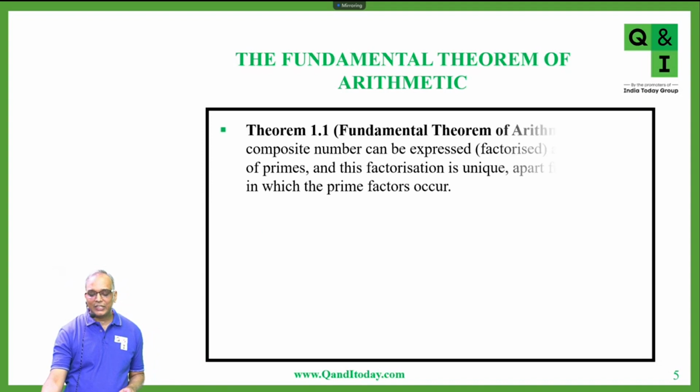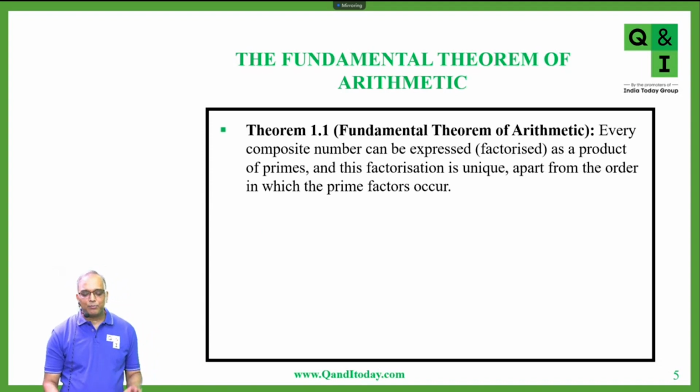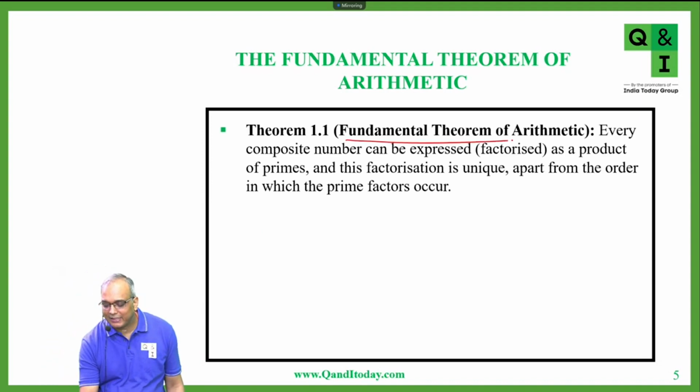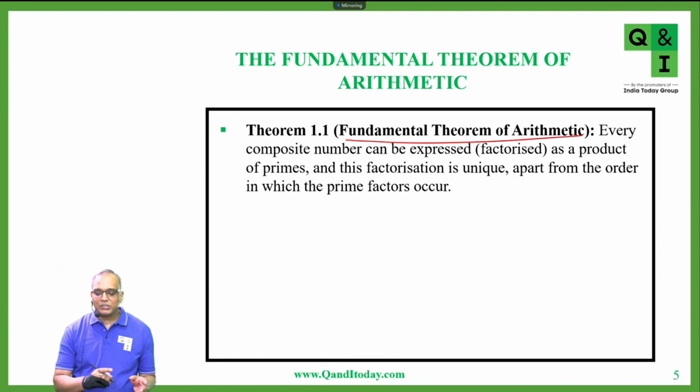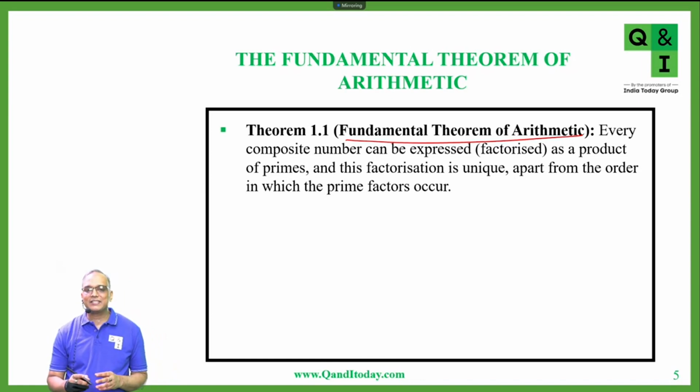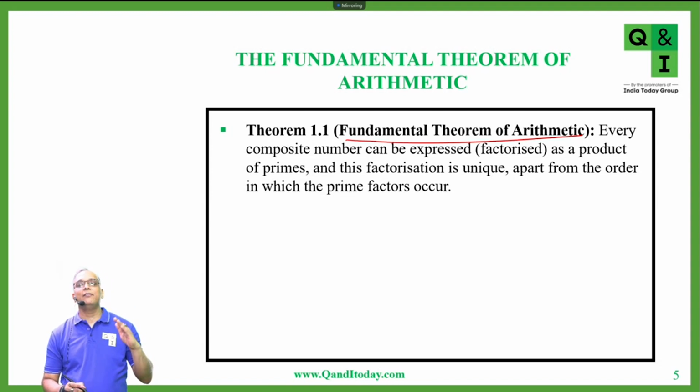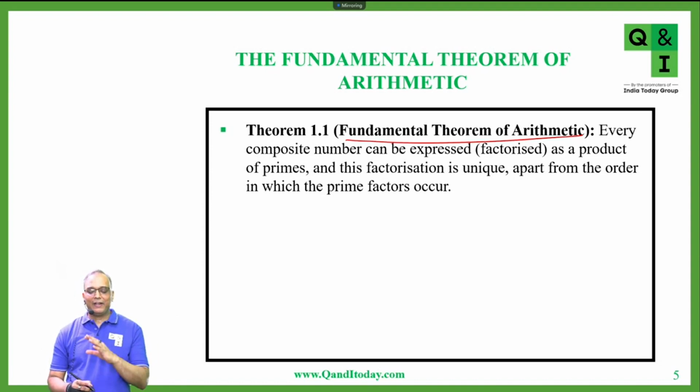So what is the theorem? Theorem 1.1, which is fundamental theorem of arithmetic, states that every composite number can be expressed or factorized as a product of primes, and this factorization is unique. Means every composite number will have a unique prime factorization apart from the order in which the prime factors occur.